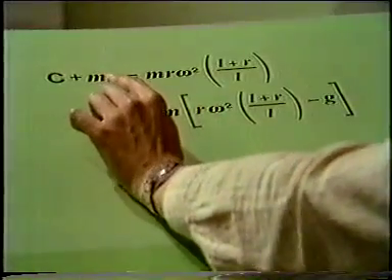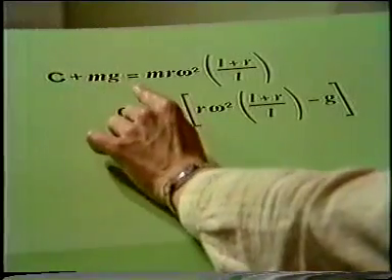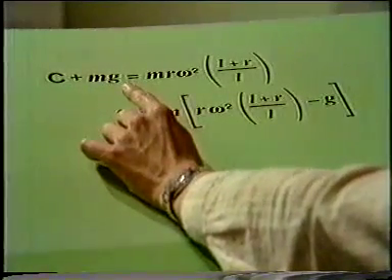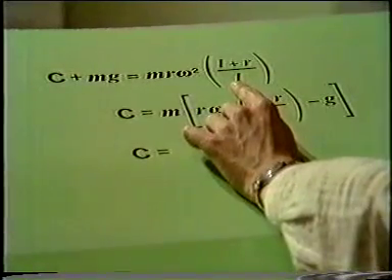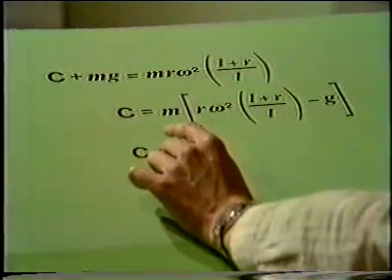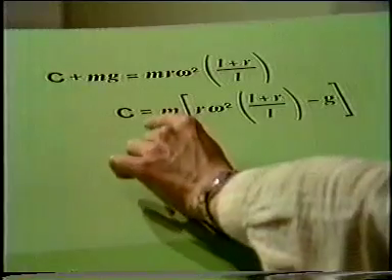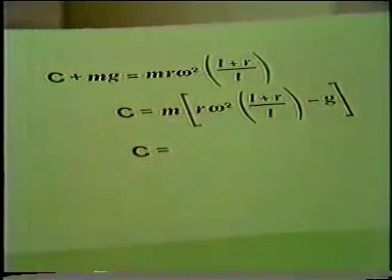Here we have the equation which we generated in step 3. C plus W, which equals mg, equals the mass of the piston times the acceleration, r omega squared (L plus R) over L. And if I rearrange this equation in terms of C, which is what we're looking for, I get this line here. And now I can start to put in the data.